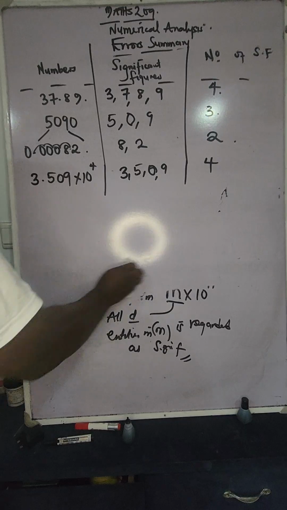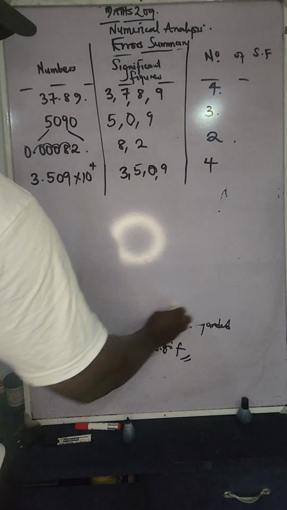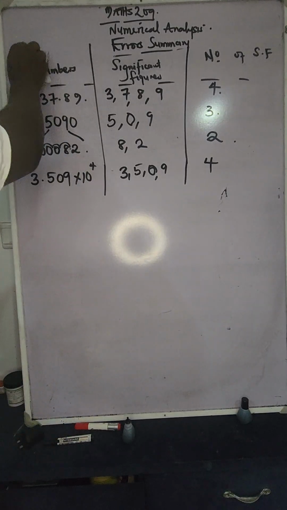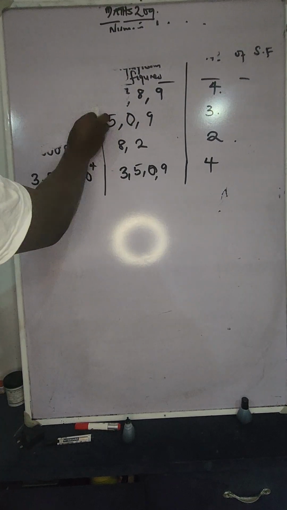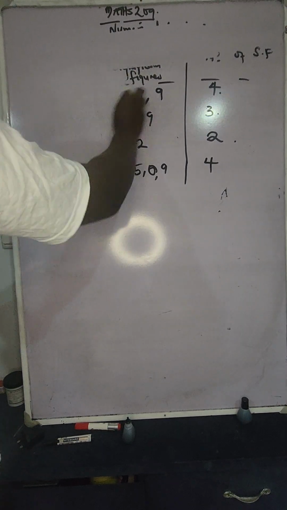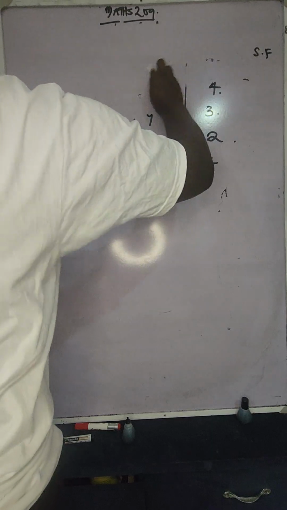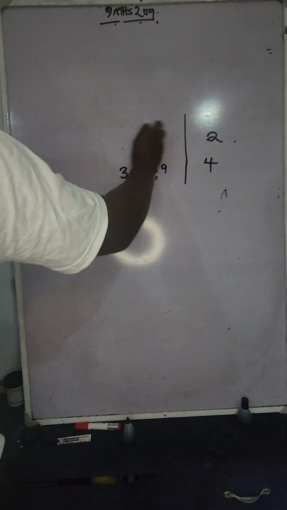The next thing we are going to do is the rounding off of numbers. Let's look at that concept together, because all these things are the foundation of error. Rounding off of numbers.